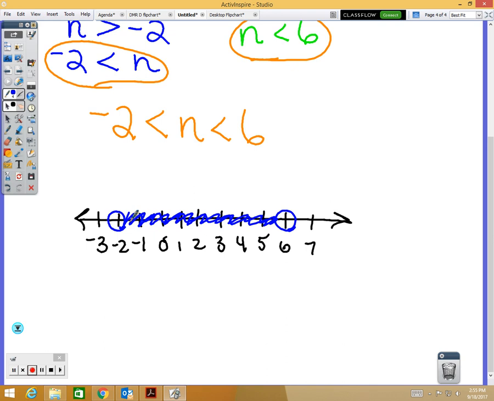Now we're going to do one that has an "or." I'm going to give you the words, then we're going to write the inequalities, and then we're going to show that on a graph. Here are the words.